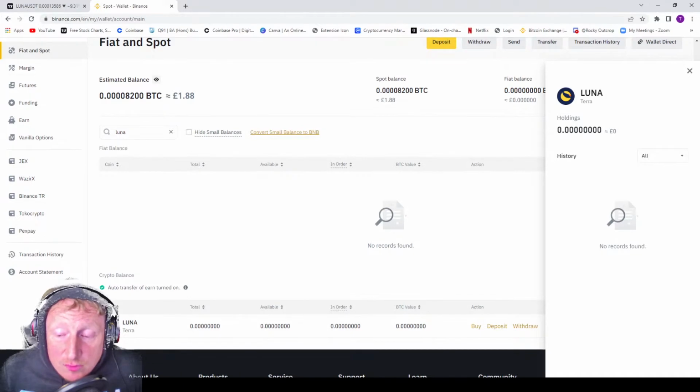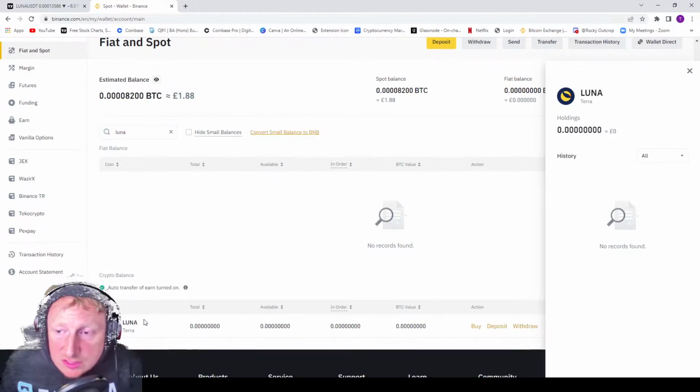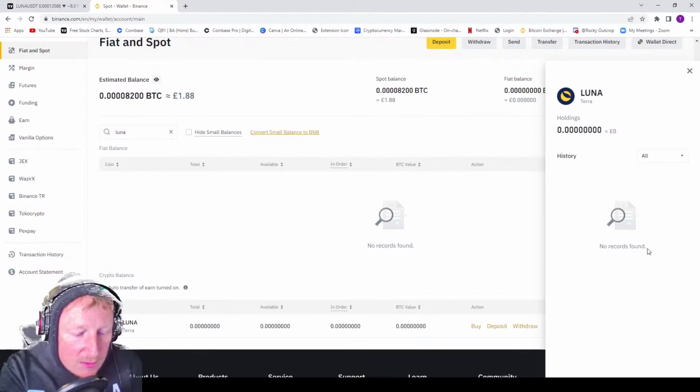And where is my airdrop if this is indeed the new token, the new airdrop? Because there is no airdrop if it has been changed, and if it hasn't, then where's the Terra Luna Classic? Where's my 2.3 million tokens? Right, where are they? Well, I got in touch with Binance, and Binance spoke with me, and let's have a look.